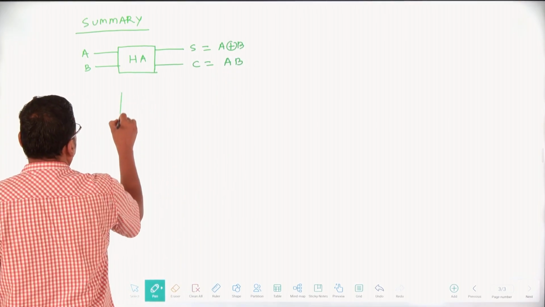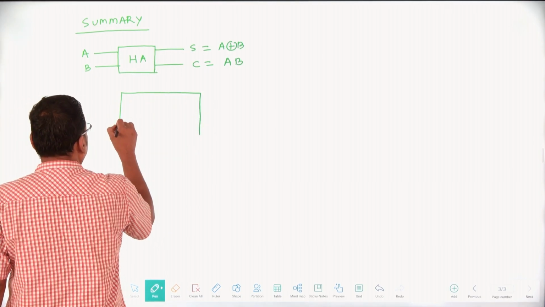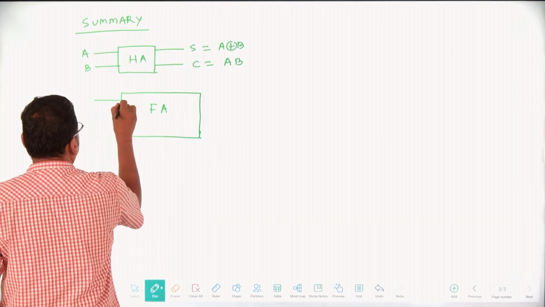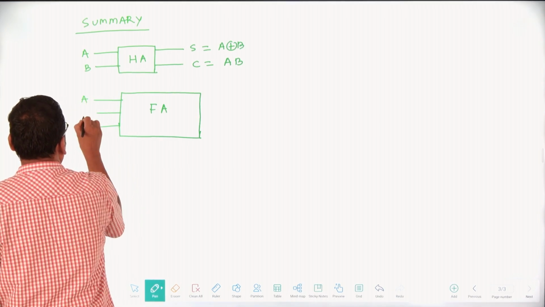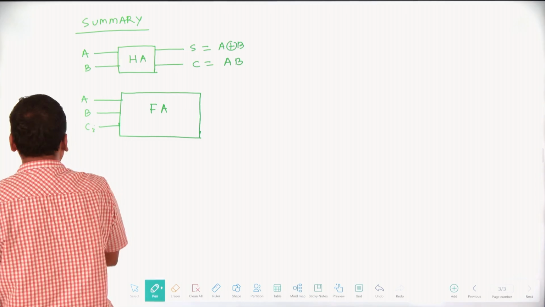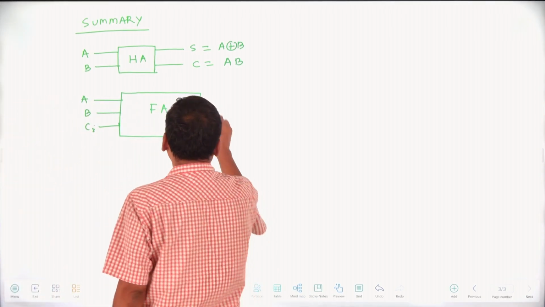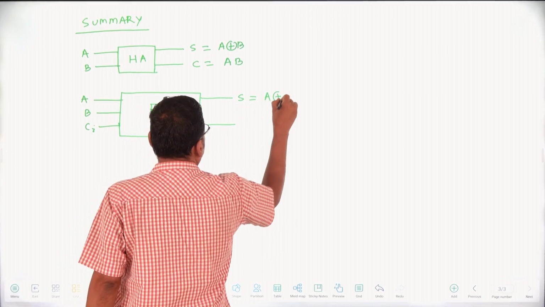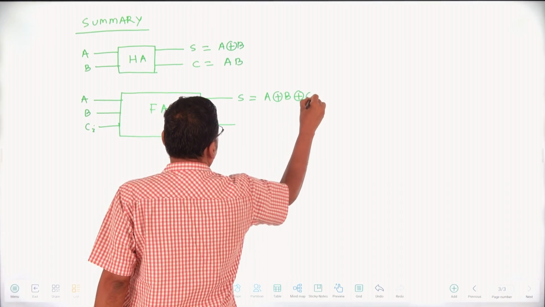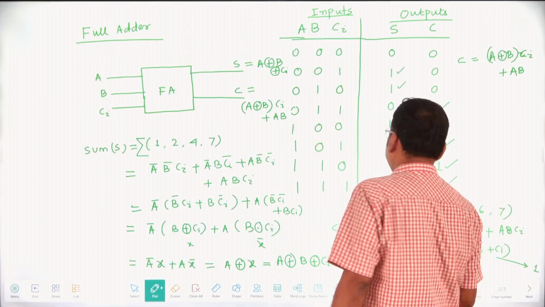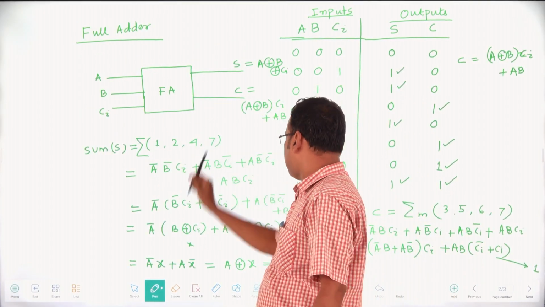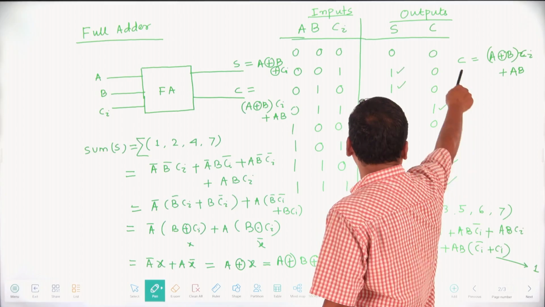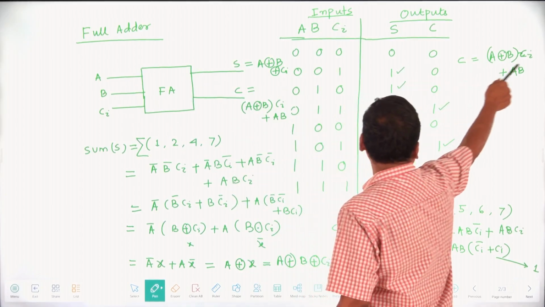In case of full adder, there are three inputs: A and B, two significant bits, and considering the previous carry Ci. There are two outputs. One is sum, S equal to A XOR B XOR Ci. Already I have derived the sum expression, A XOR B XOR Ci, and the carry expression equal to A XOR B whole into Ci plus AB.